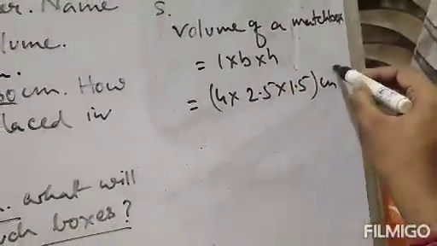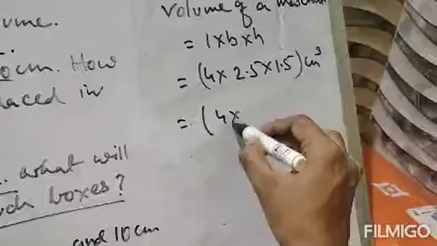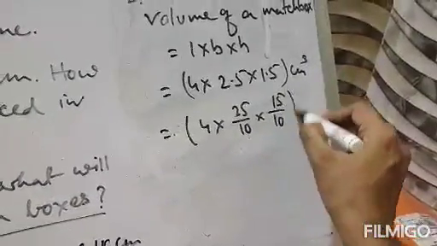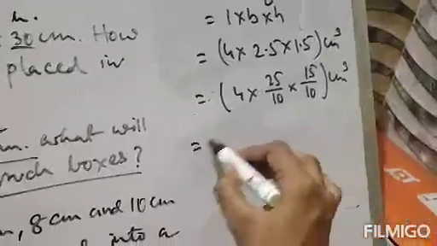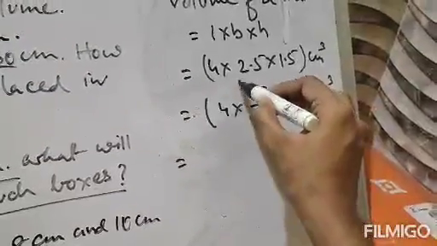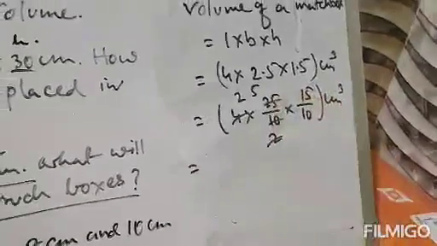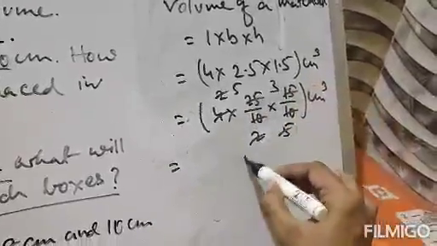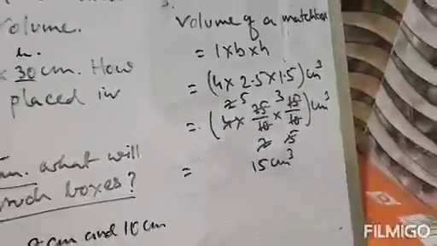So it is centimeter to the power 3. So 4 into 2.5 means 25 by 10, 1.5 means 15 by 10 centimeter to the power 3. So 5 twos are 10, 5 fives are 25, 2 twos are 4, 2 fives are 10, 5 threes are 15. So 15 centimeter to the power 3 is the volume of the matchbox.